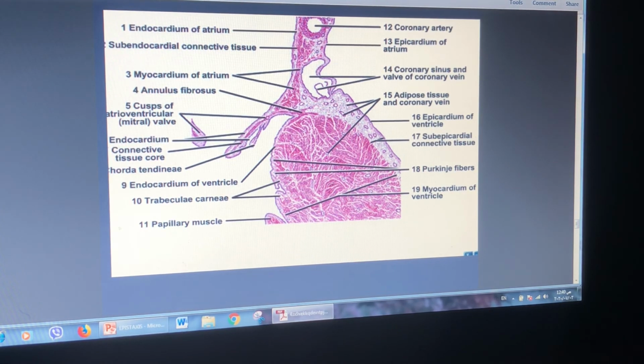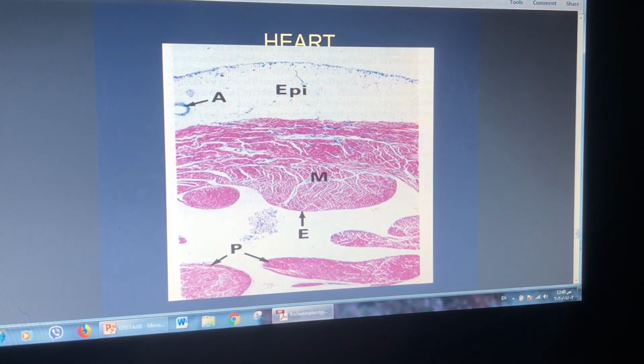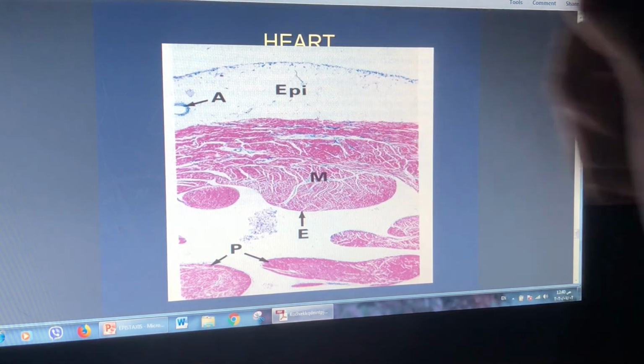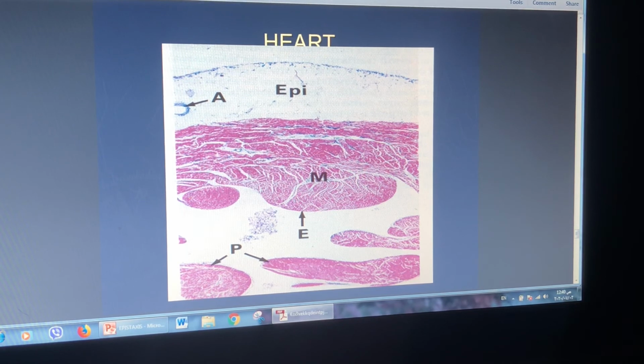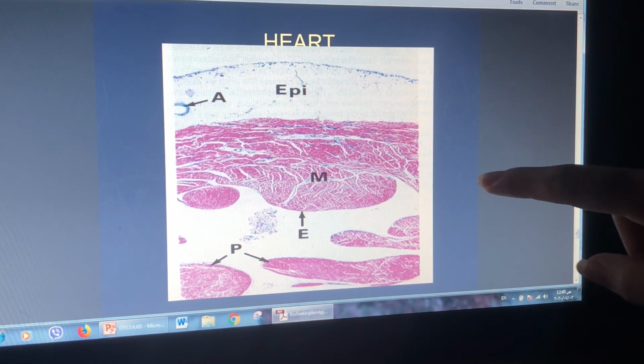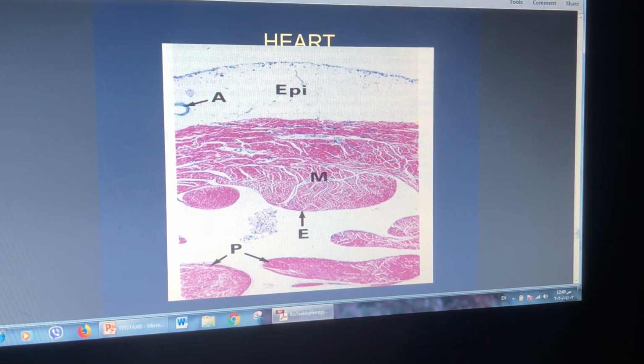And this is the connective tissue. Now, this is the epicardium, and this is the myocardium, and this is the endocardium.